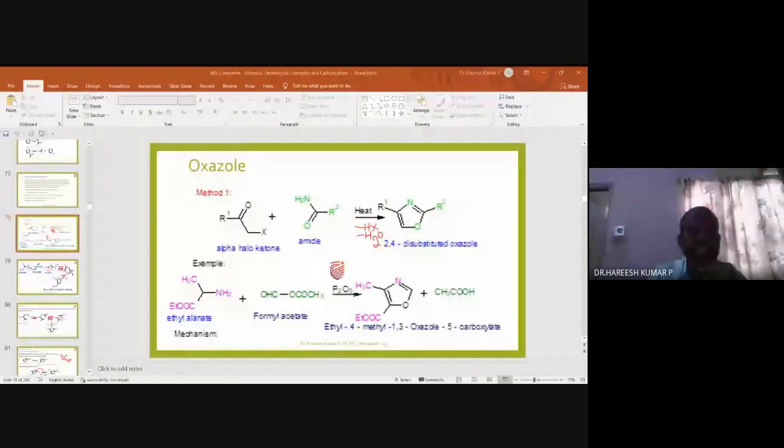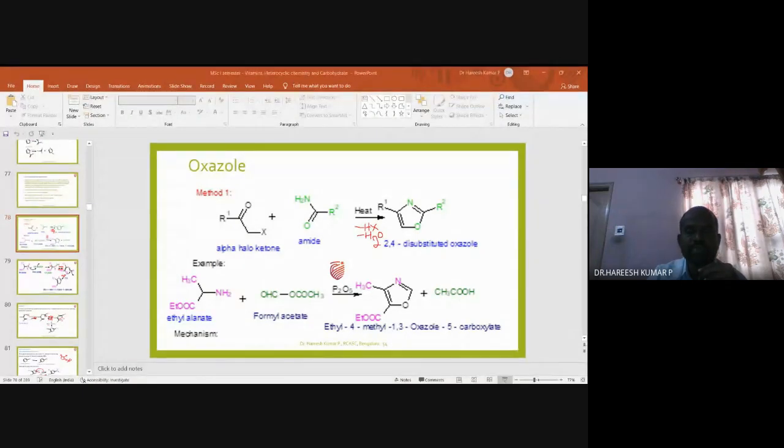Halogen, where is it attached? It is attached to the alpha position. So that means alpha halo ketone. Alpha halo ketones when treated with amide, CONH2 containing functional groups being called amides, give an oxazole.